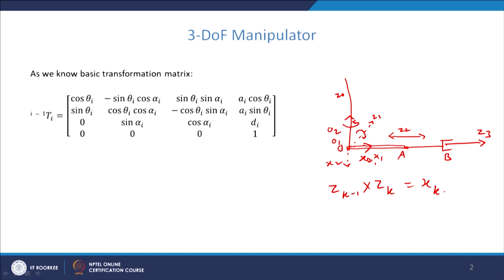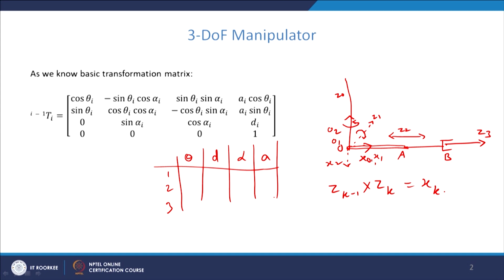So, according to this procedure, we can formulate the 4 parameters of the robot manipulator. The first, second, third joint, there are 3 joints here. Theta is the joint angle, d is joint distance, alpha is the twist angle, and a is the link length. So, here theta 1 and theta 2 are the variables, because these two are the revolute joints, and the third one is the prismatic joint.